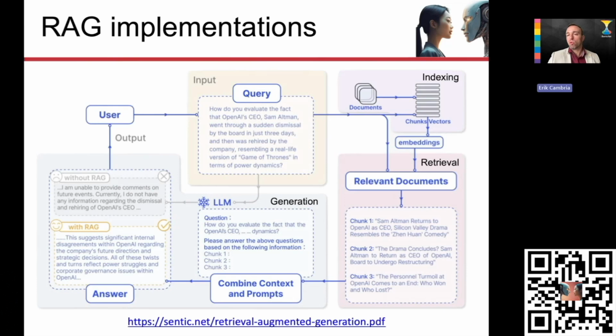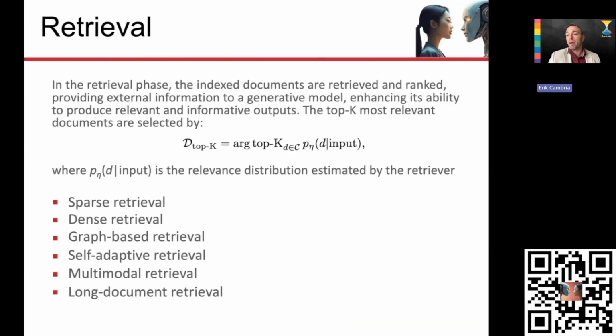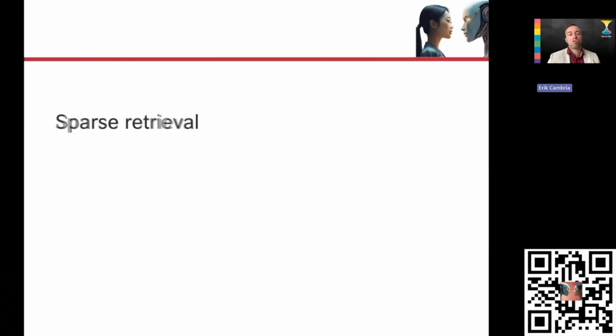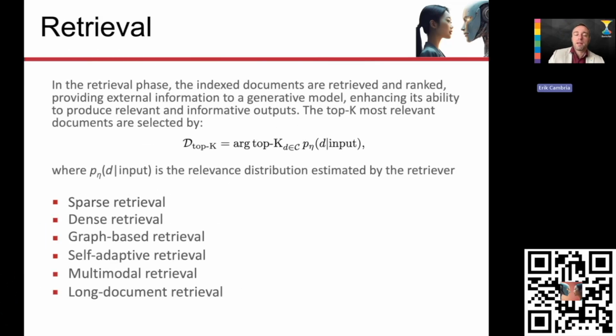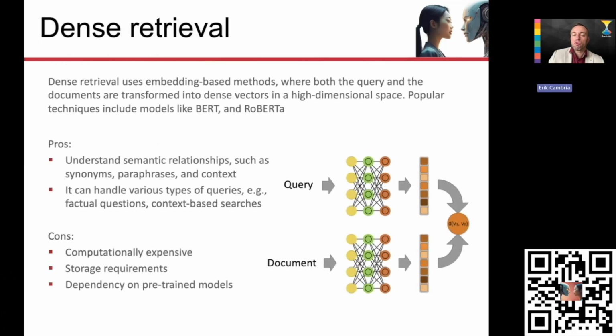Now let's go to retrieval. We know very well what retrieval means and how to implement it. Sparse retrieval, once again, is TF-IDF, so computationally less expensive, but it's ultimately just bag of words and it's not as efficient as word embeddings, which is again dense retrieval. So this is definitely more efficient, but also more computationally expensive.